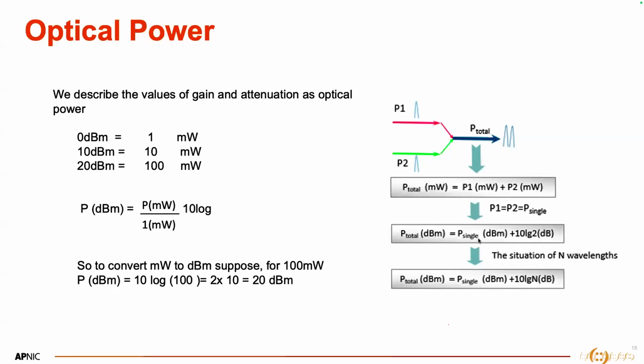There is a formula on the screen, as you can see. P in dBm is equal to 10 log base 10 of P in milliwatt divided by 1 milliwatt. That means the logarithm value becomes the dBm of optical power. As you can see in the diagram, P1 is one lambda, P2 is another lambda. When they are multiplexed, the total value is P total, where you can see both the lambdas are there.